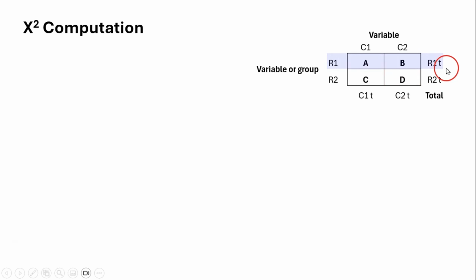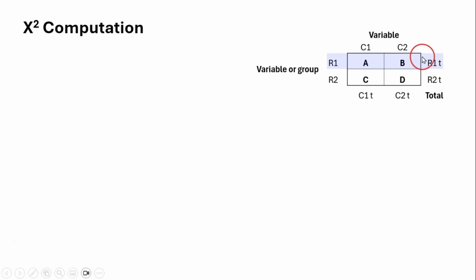Then you can also look at the table in terms of the rows themselves. For example, you can look at row 1 across the 2 columns, and the R1T stands for the row 1 total of responses. So if you were to add the responses in cell A and cell B, you would have a row 1 total.